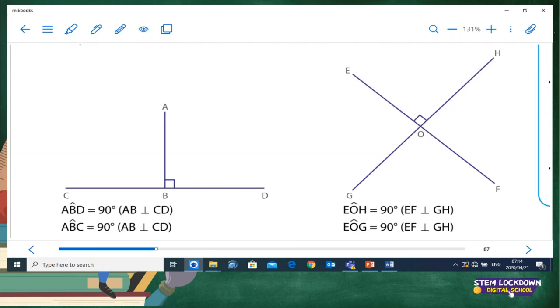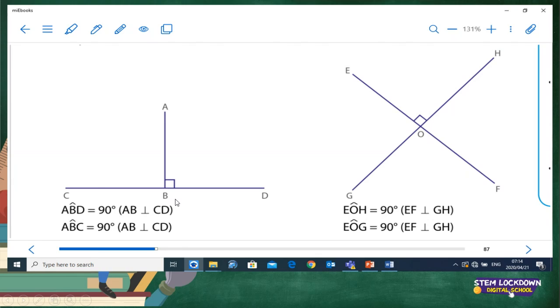And what is the reason for this? Because the line AB is perpendicular to the line CD. And that is the sign of perpendicular. You can see that it shows a line joining another line, and they form 90 degrees. And this is given to us.